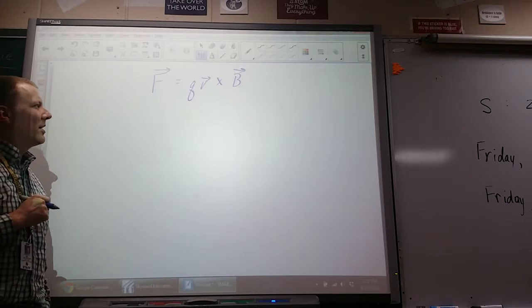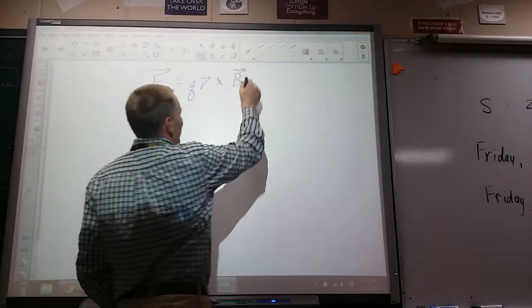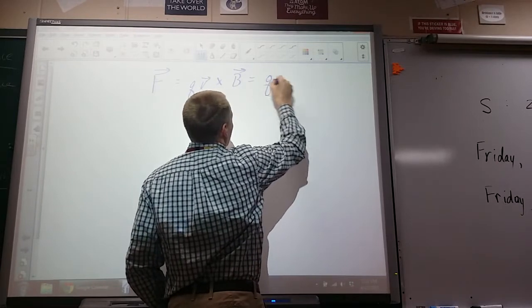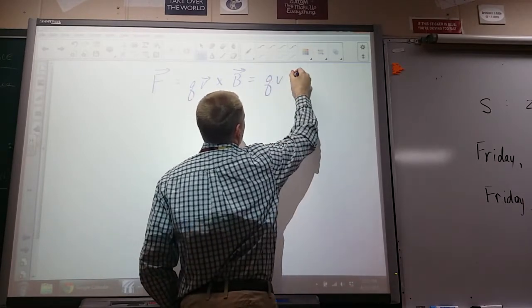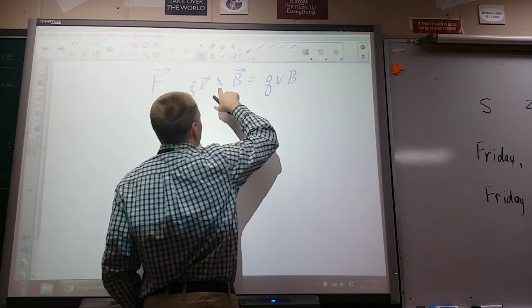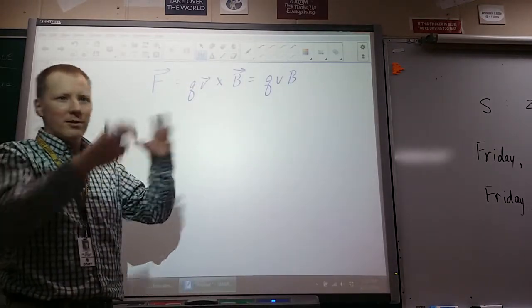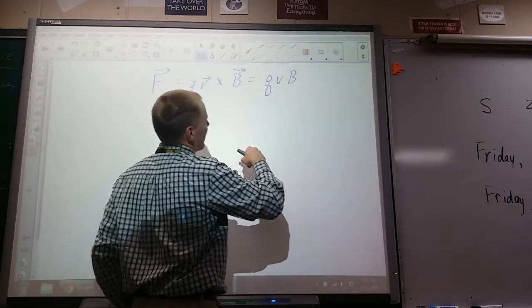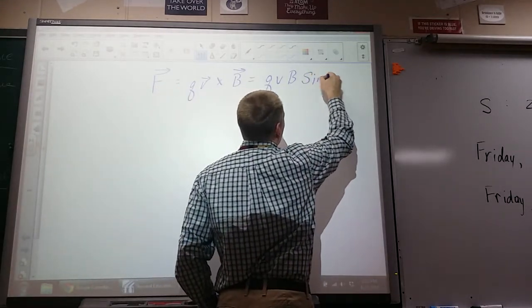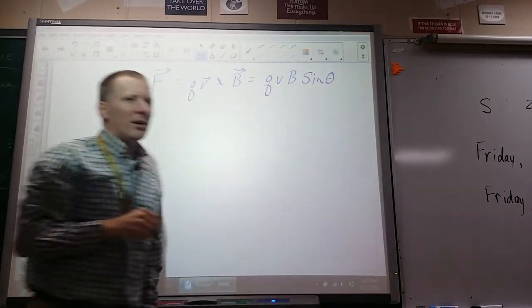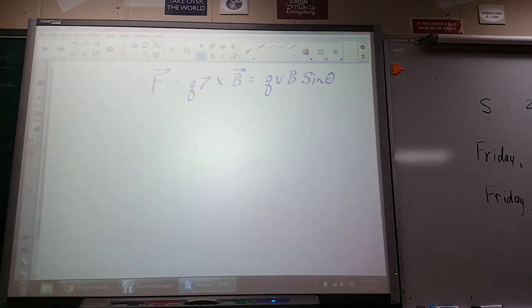The velocity and magnetic field are both vectors, and then we also said we can find the magnitude by, instead of using this cross product, which if you take upper level math, you'll learn how to do the vector magic with it, but for us, we can just multiply by the sine of theta to find the value of it.